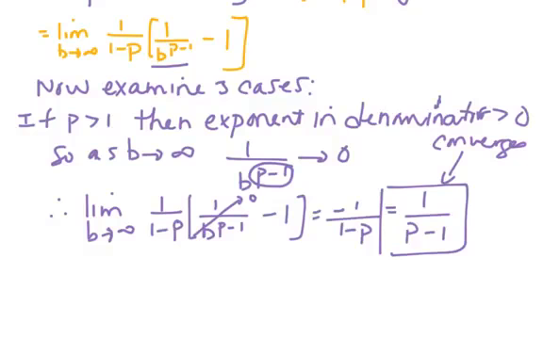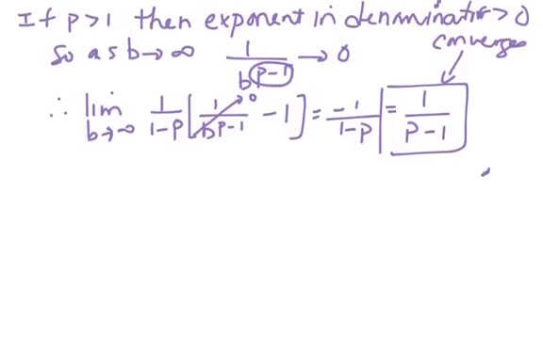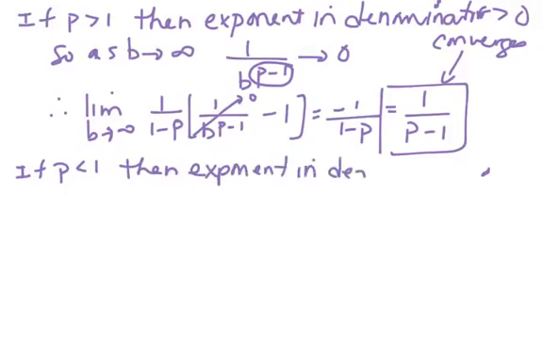Well, what happens with p less than 1 and equal to 1? So if p is less than 1, then the exponent in the denominator is going to be less than 0.